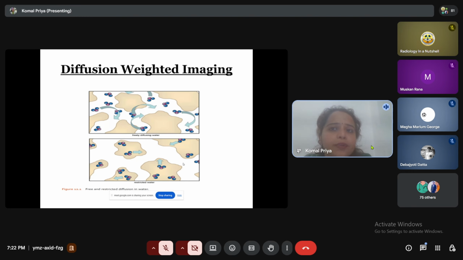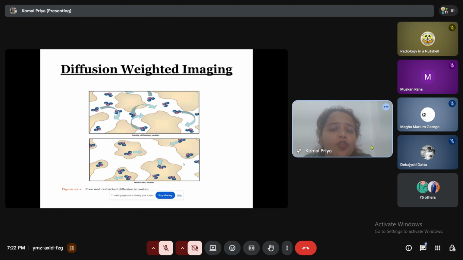So what happens in the area of restricted diffusion? If diffusion is restricted in any particular area, ADC will be low. Please listen to what I am saying very carefully: the areas where the diffusion is restricted, ADC will be low, whereas in the first image where the diffusion is free, molecules are moving freely, the ADC will be higher.